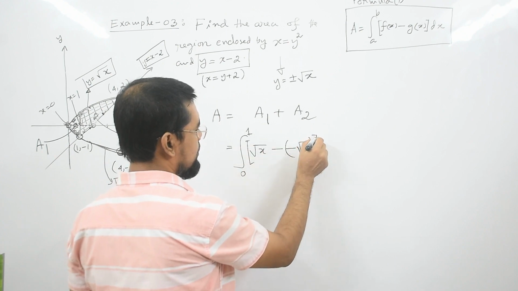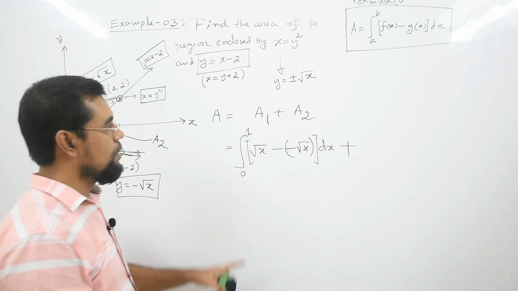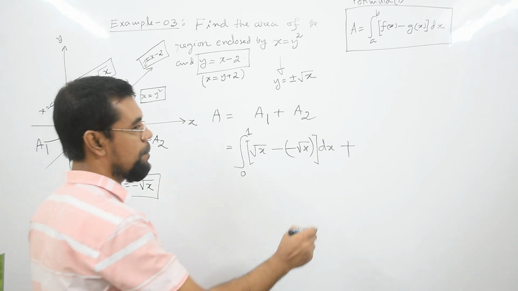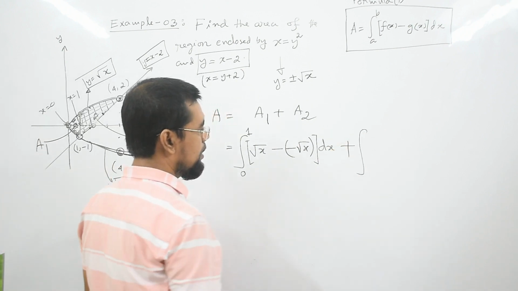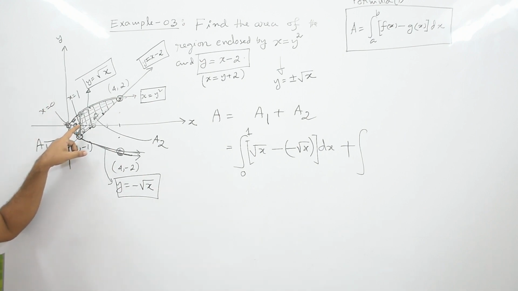and you need to integrate it with respect to x, plus for A2 your lower limit will be the same point where the first region ends, at x equal to 1.